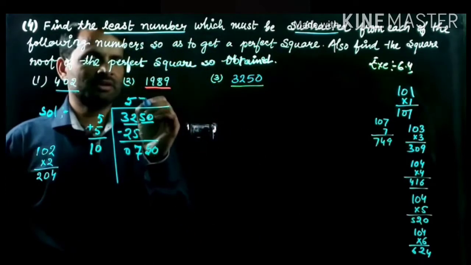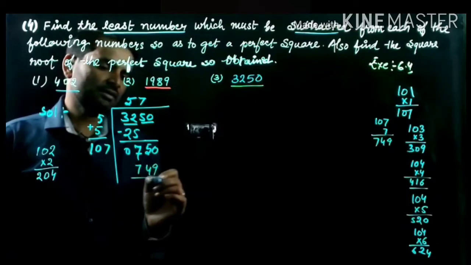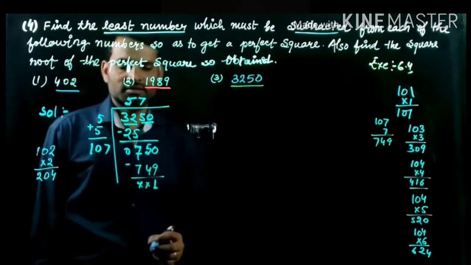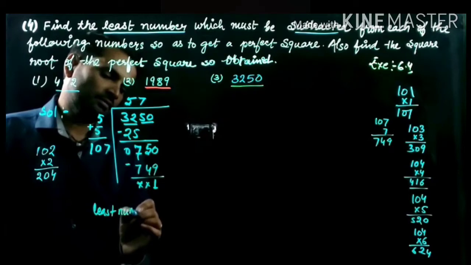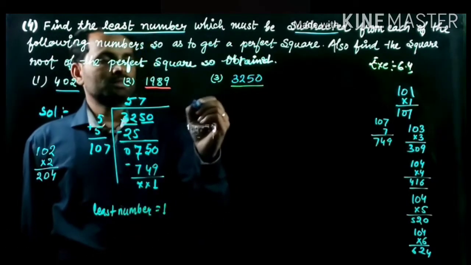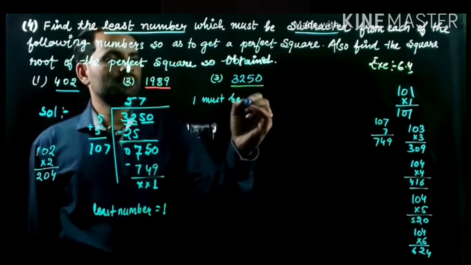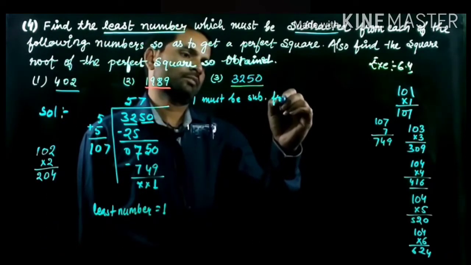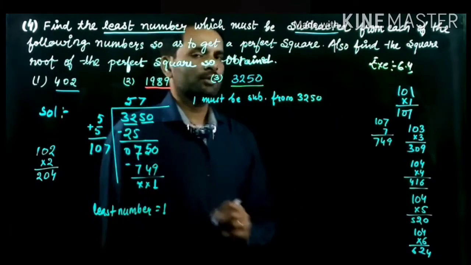So you write 7 times, and 749 is the number to subtract. After subtraction the remainder is 1. That is the least number, 1. It means that 1 must be subtracted from this number, 3250.